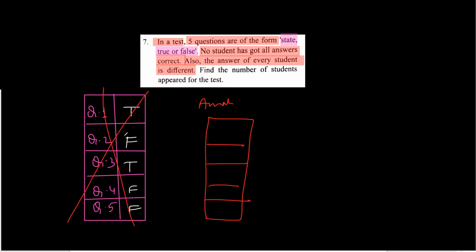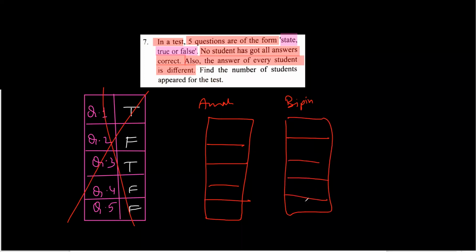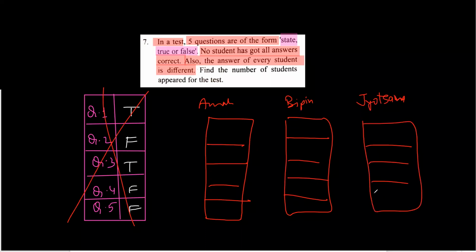Amar has not written the correct sequence. Vipin has written a different sequence. Then Jyotsna, she has also written a different sequence.